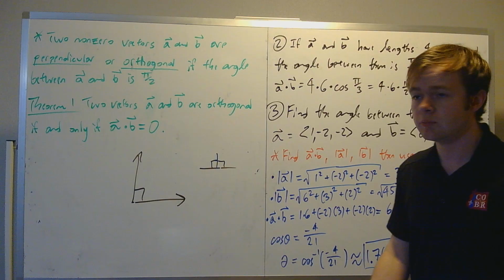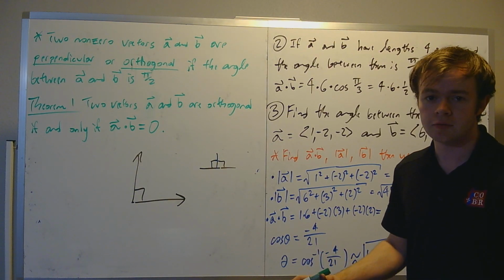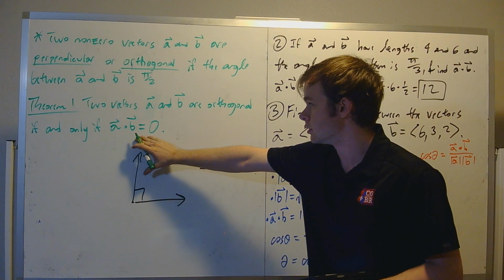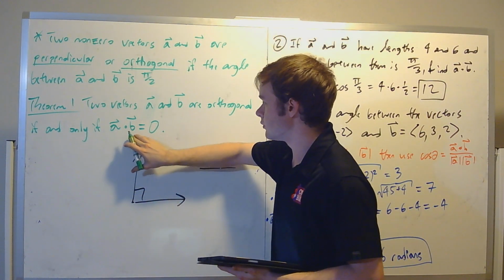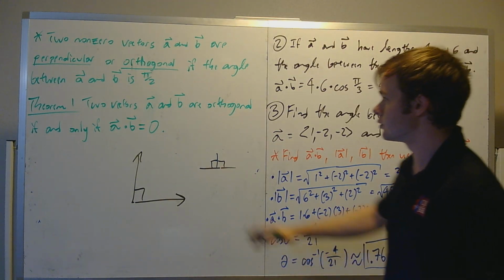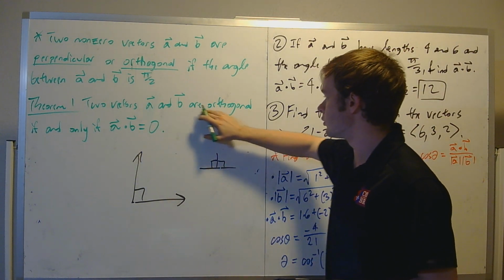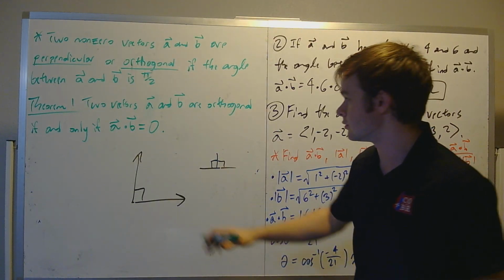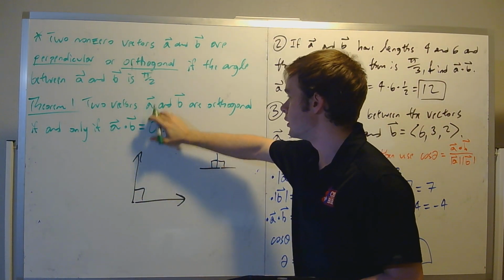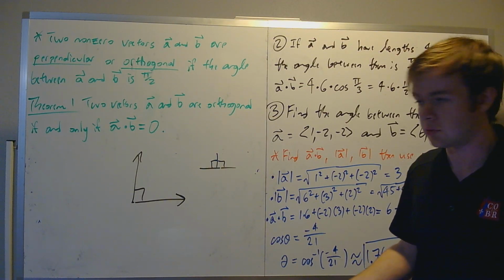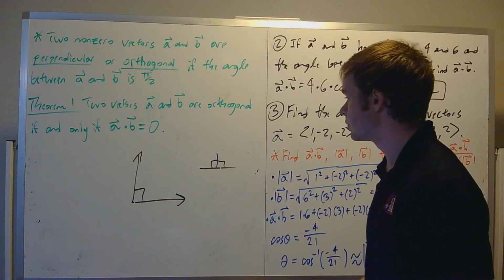Whenever I write if and only if, I mean if the first condition holds, then the second condition holds. And the only if part means if the second condition holds, then the first condition holds. Right? So what this is saying is if they're orthogonal, then the dot product is 0. And the other direction is saying if the dot product is 0, then the two vectors are either perpendicular or orthogonal. They both mean the same thing.